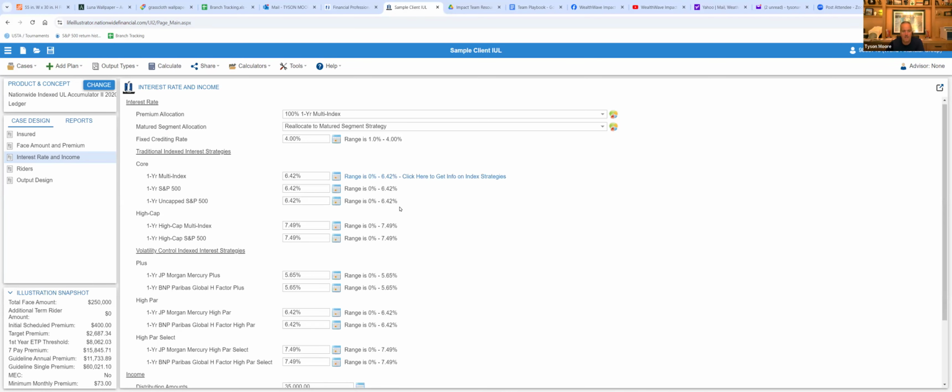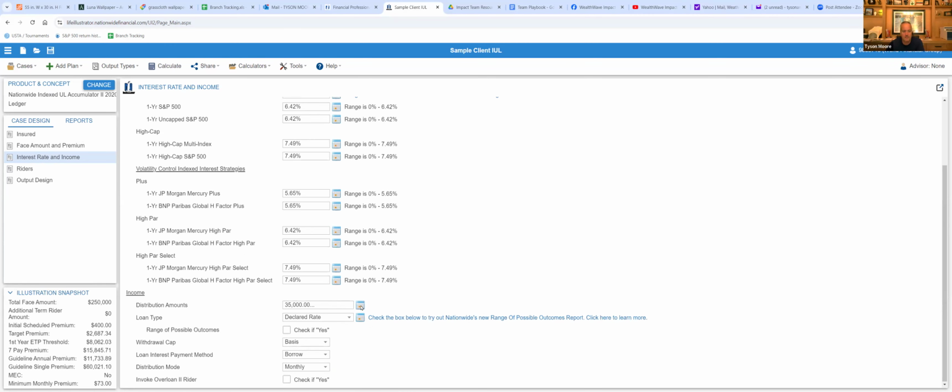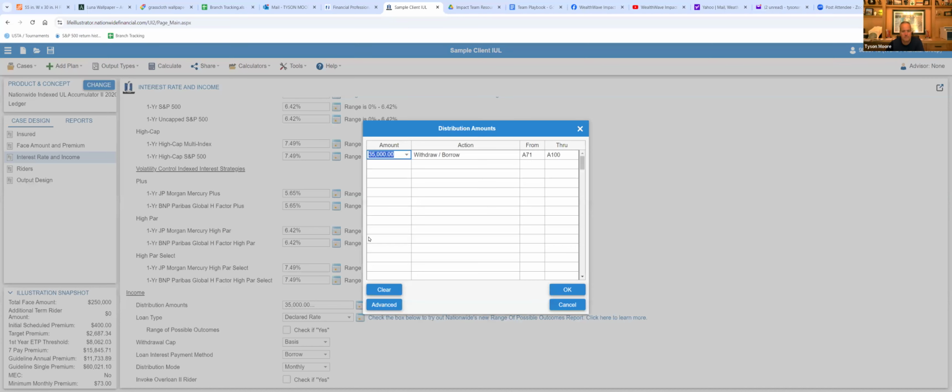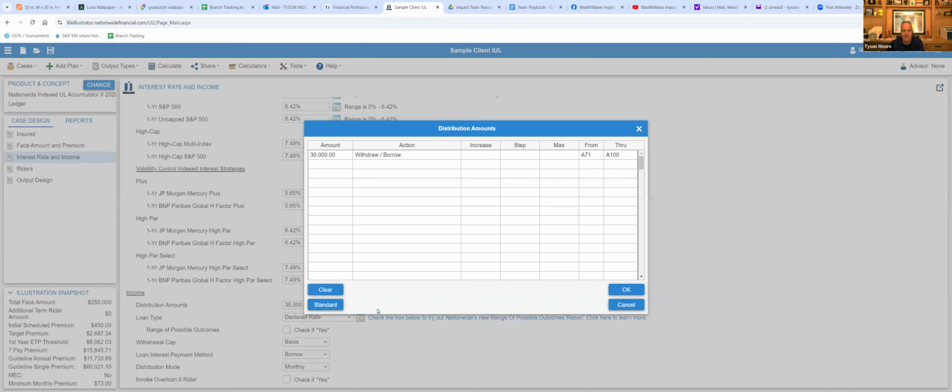So if I go back here to this, let's change this to 30,000. Let's click this advanced tab here. And now if we click advanced, you can do increase. And so increase might be, let's say I do a 3% increase.